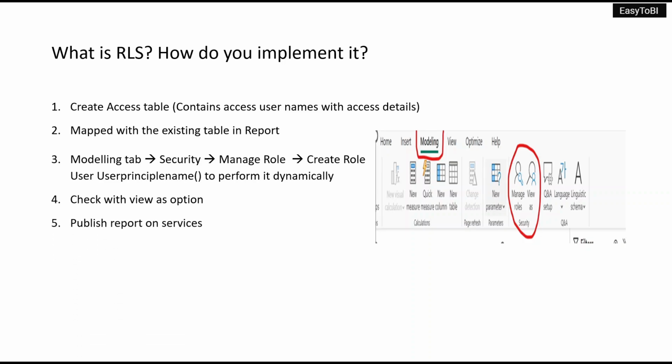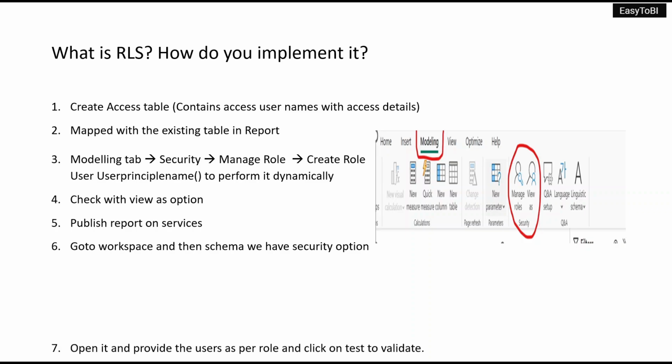After checking, you need to publish the report to our workspace. Later on, you just go to the workspace. We have a report and schema option. In the schema you have three dots. Click on those three dots, you will get multiple options, but select the Security option.